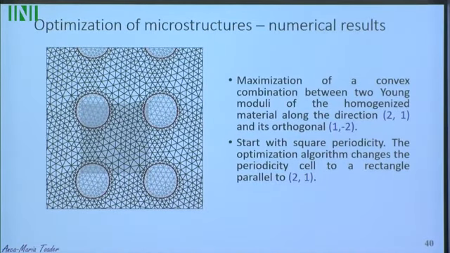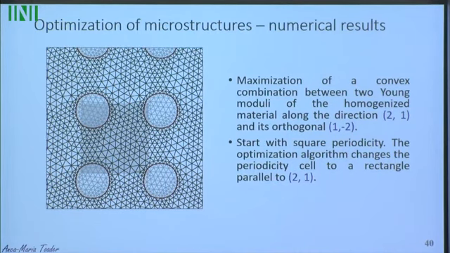Now it's a maximization of a convex combination between two Young moduli of the homogenized material along the direction (2, 1) and its orthogonal (1, -2). And we'll start with a square periodicity, as you can see here.